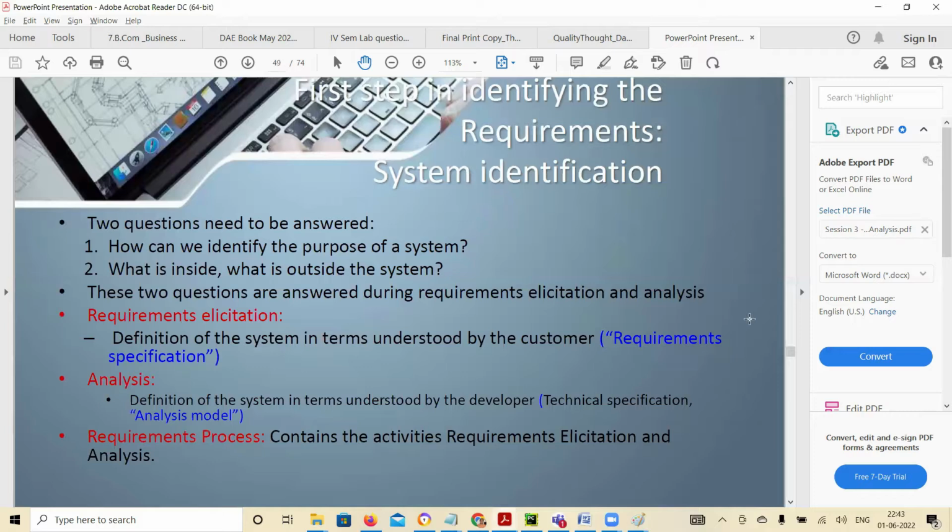As I said, now we will focus our time on the core activity. What's the core activity? It is to find the requirements. Two questions are generally asked or answered with requirements. First, how can we identify the purpose of a system?